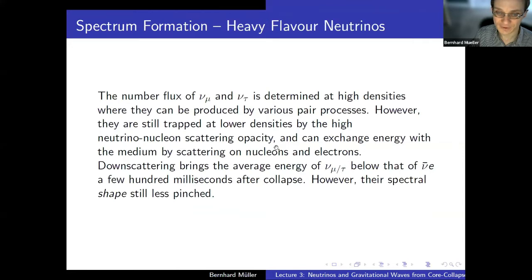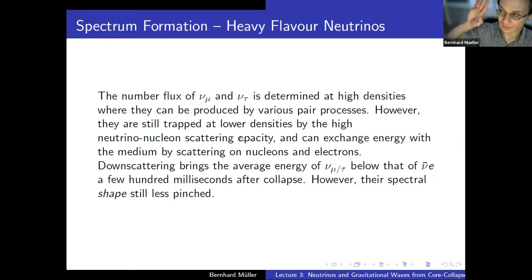Well, the problem in understanding how the heavy flavor spectrum relates to the thermodynamic conditions in their decoupling region is that they are produced at very high densities by various pair processes, but outside the region where their production freezes out, they can still scatter and exchange energy with the medium in scattering reactions. And this way you get a down-scattering effect.